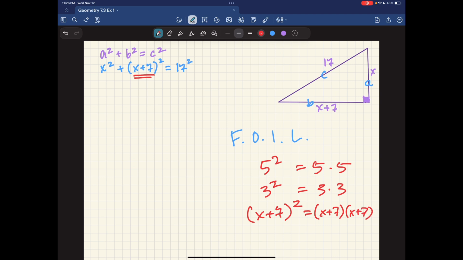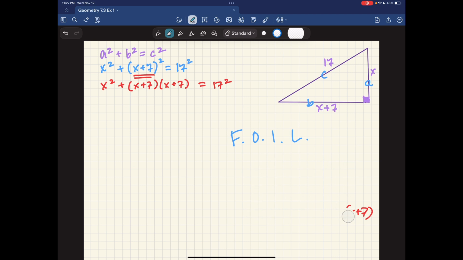Okay? So we're just going to write this out again in, I'm sorry, not standard, but factor form. Okay? And then we've got the 17 squared that we'll deal with later.